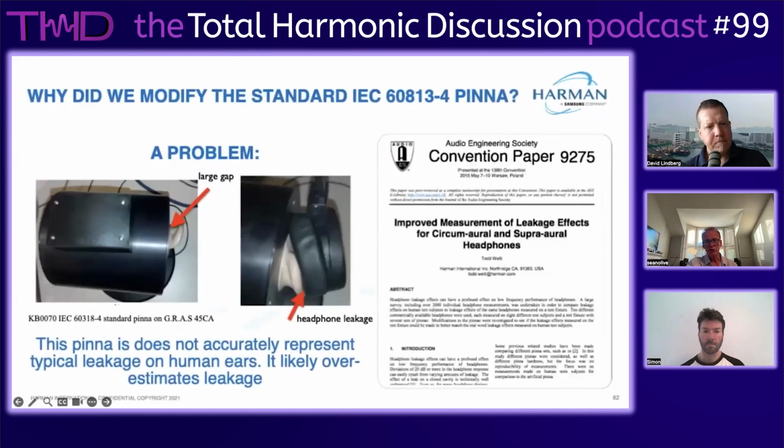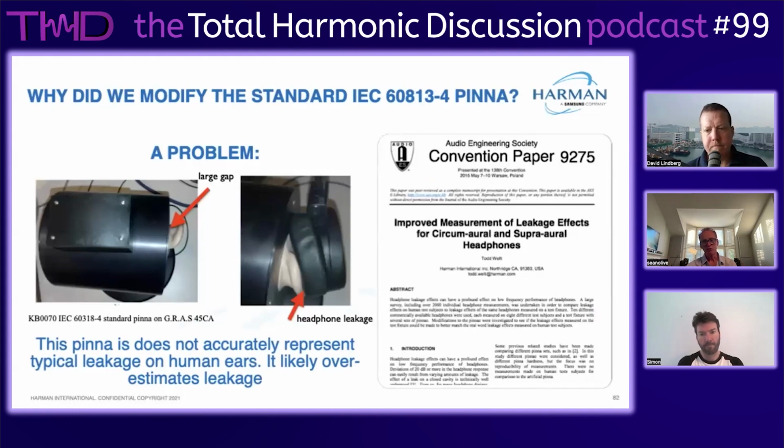You can see here on the right, this was the original Grass pinna, and it was really designed for a hearing aid to fit behind the ear. While it may be good for hearing aids, it's not so great for measuring circumaural headphones where you want to get a good seal. So what Todd did was a large study where he measured a bunch of headphones on different people.